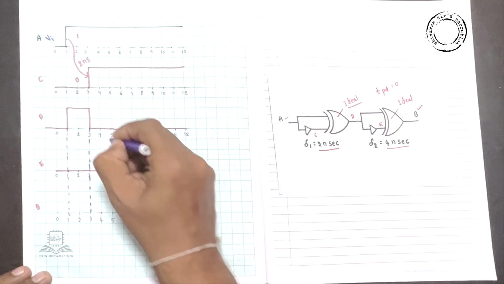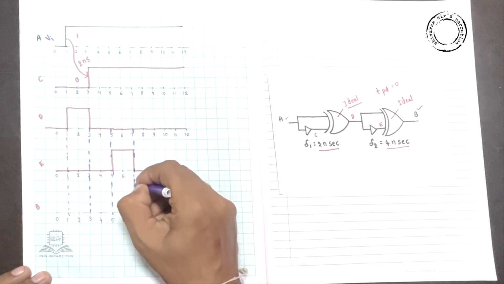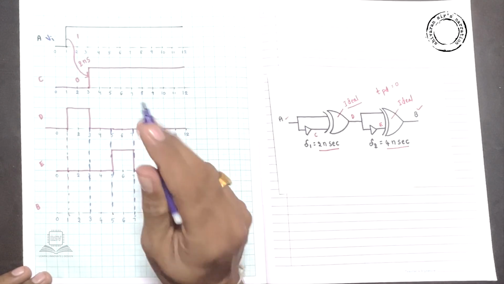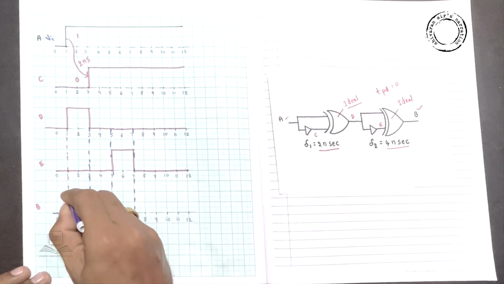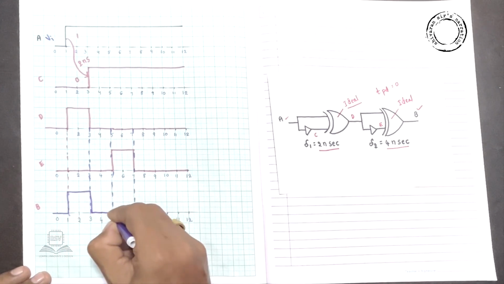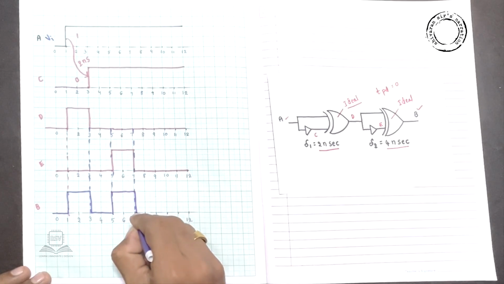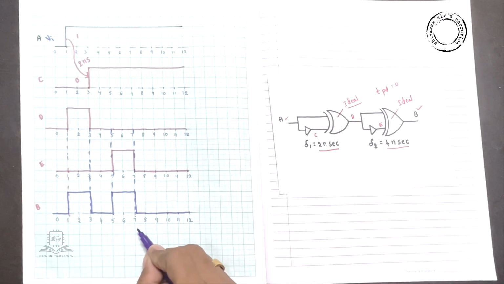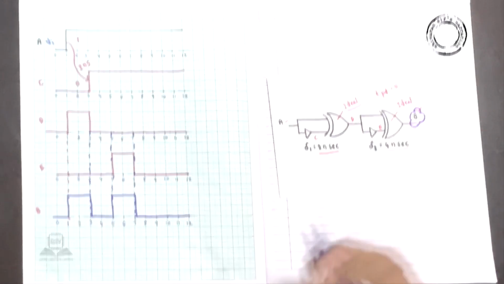Here and here, in these two cases, the D and E inputs are different. Hence, in that region, we get output as logic 1. In remaining places, it is 0 only. Okay guys? Yes. This is the output waveform B of the given design.